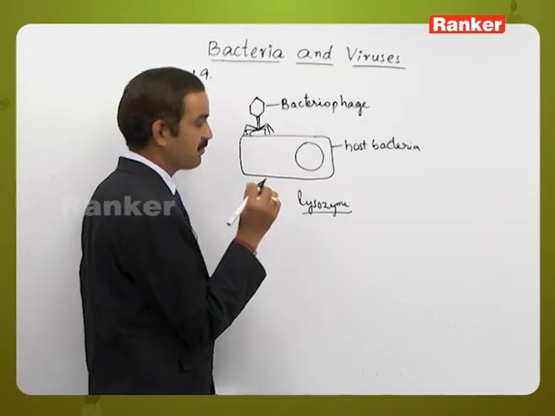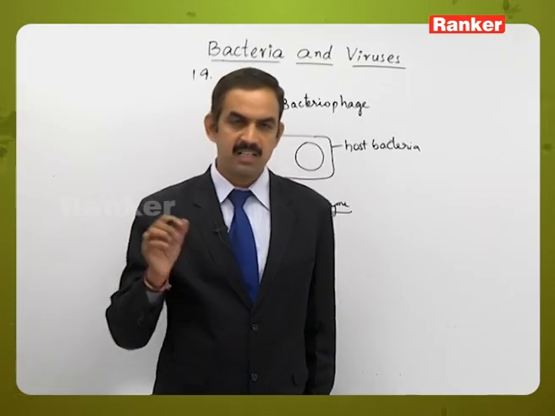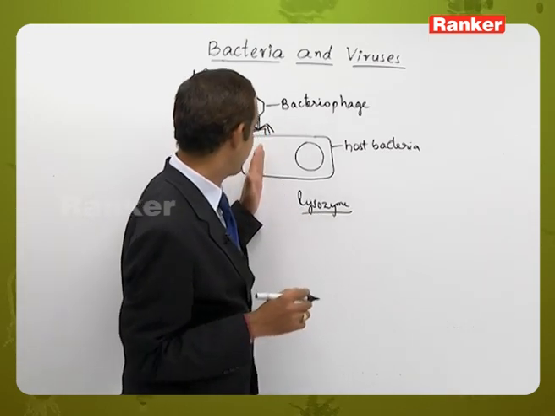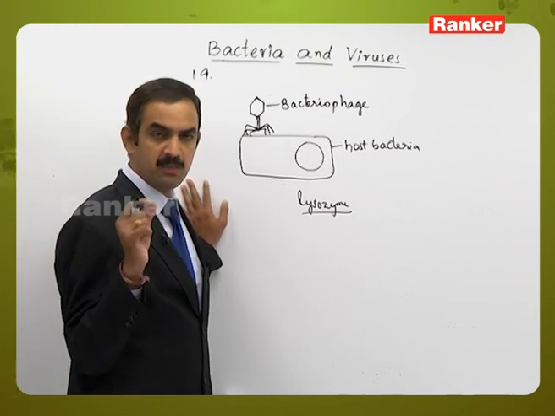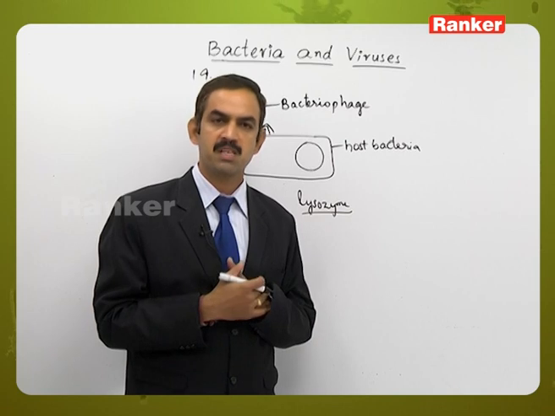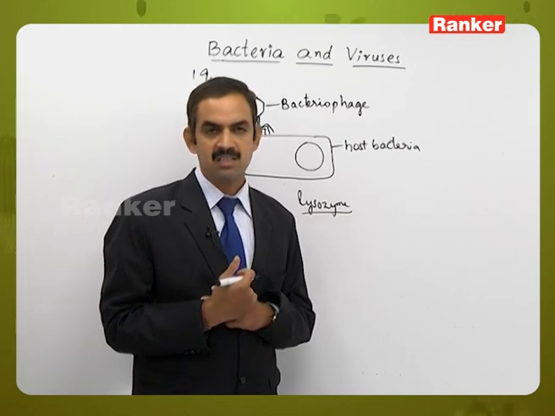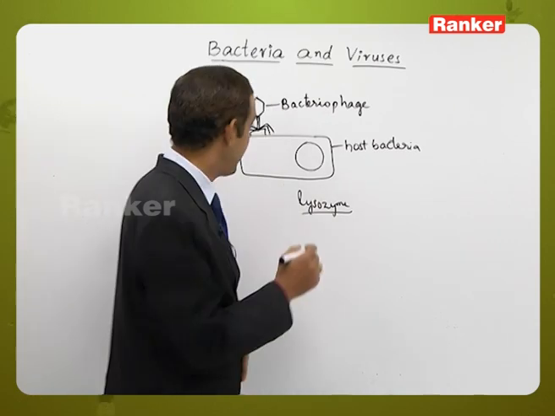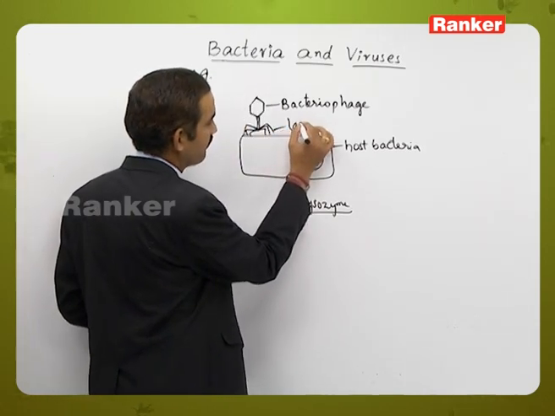Before this, one thing we have to know is that in the lytic cycle, the first step is the collision between the bacterial cell and the bacteriophage. That means the bacteriophage will identify some specific sites on the bacterial surface, and it will attach to that particular specific site only with the help of the tail fibers.